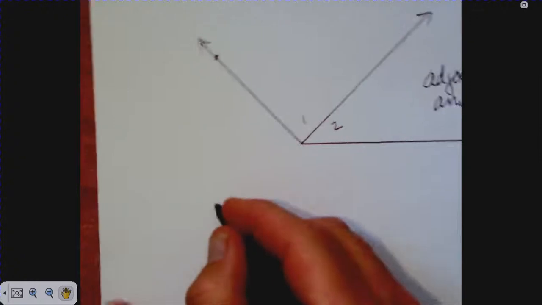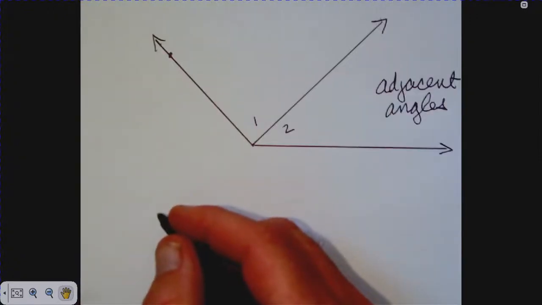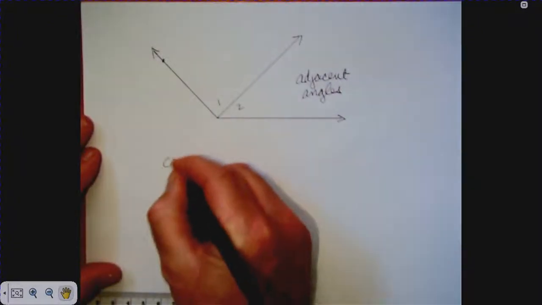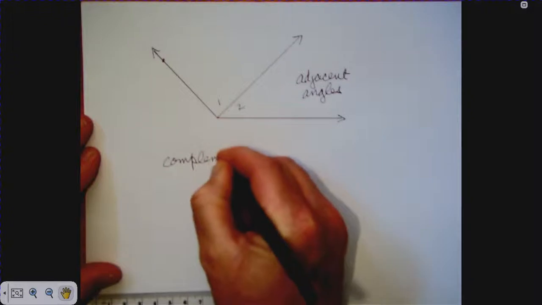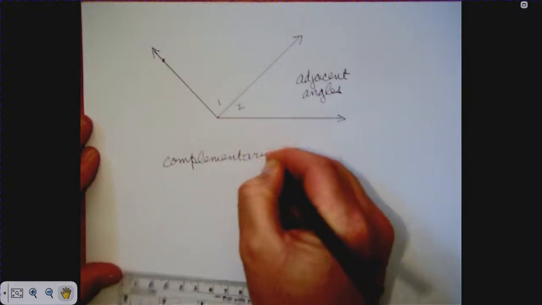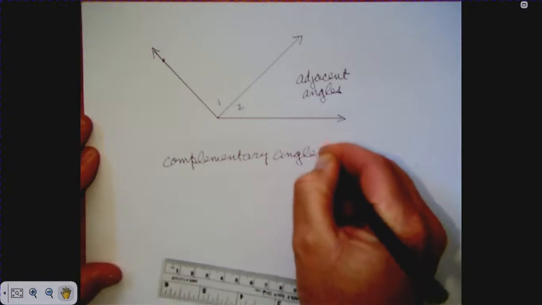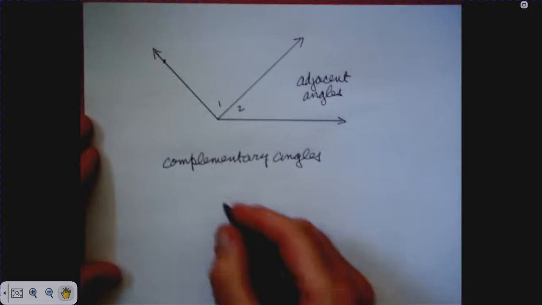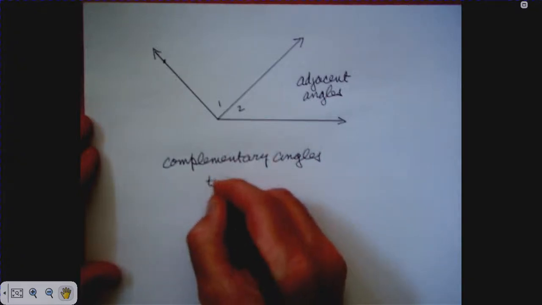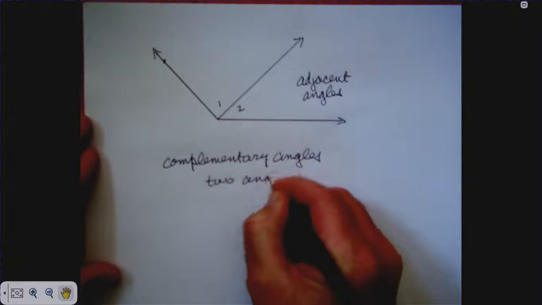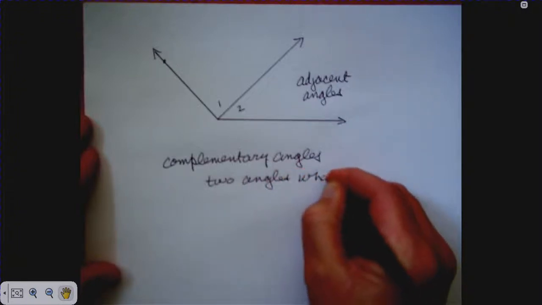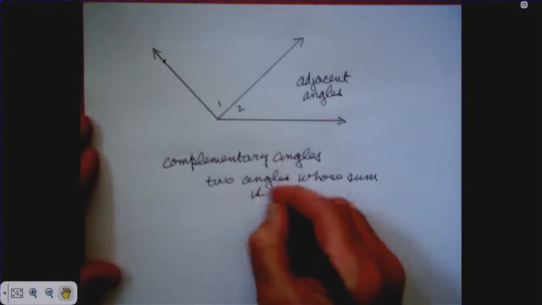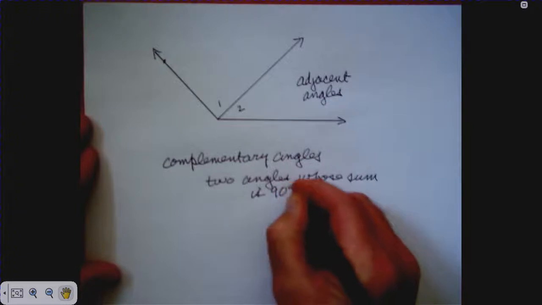Complementary angles, and you've had this before also in pre-algebra. Complementary angles are two angles whose sum is 90 degrees.